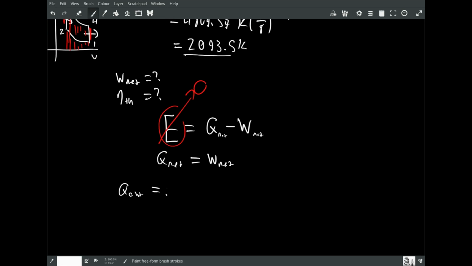equals mass of the air, Cv, times delta T from 4 to 1. We know what 4 is. We know that 1 is 298 Kelvin. Once again, we're going to normalize this with respect to the mass of the air.